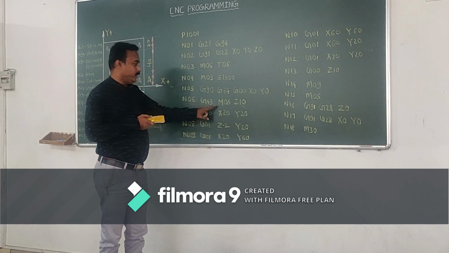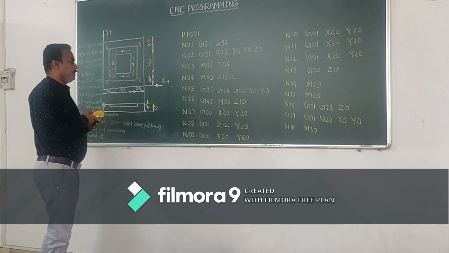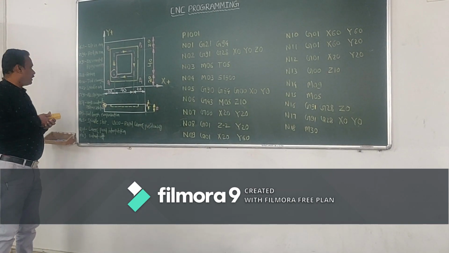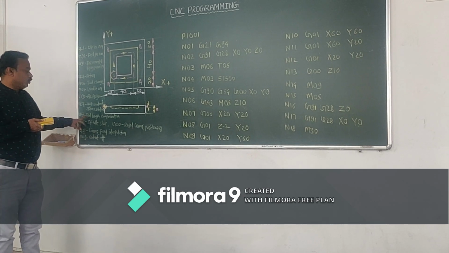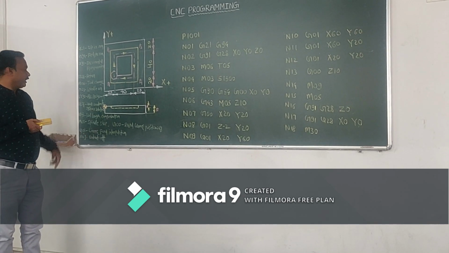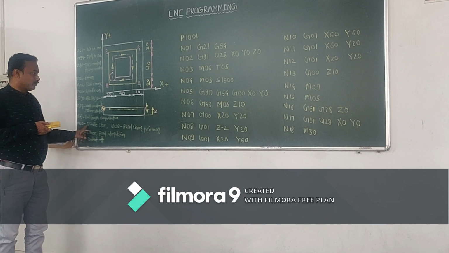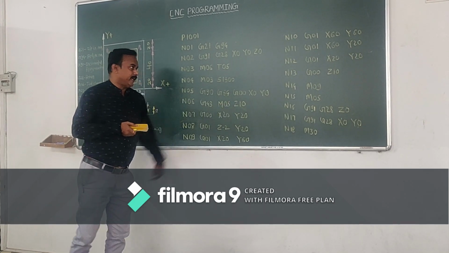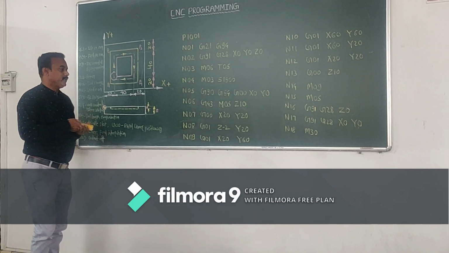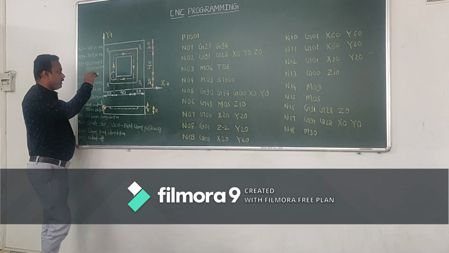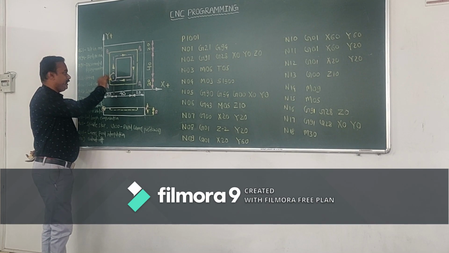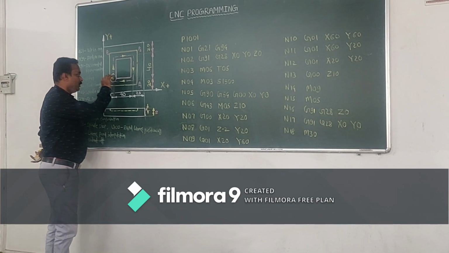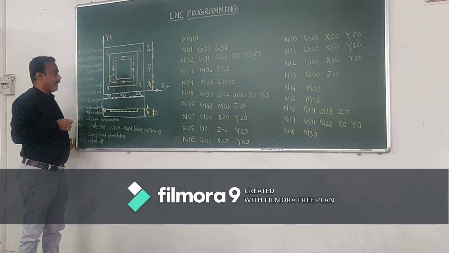Next, G43, M05, Z10. This G43 is again the specification, that is the tool length compensation, and M05 is the spindle stop. Now next, Z10. What is the specification Z10? Your target is to set the tool at this point.